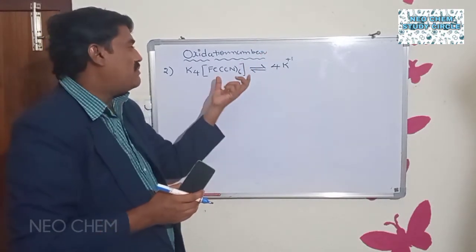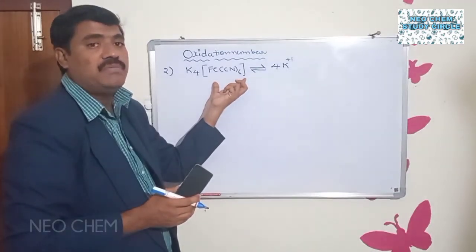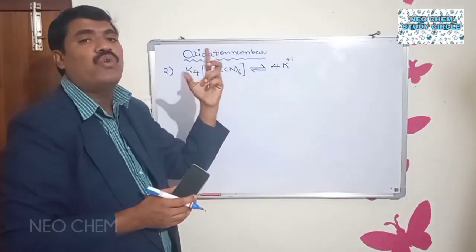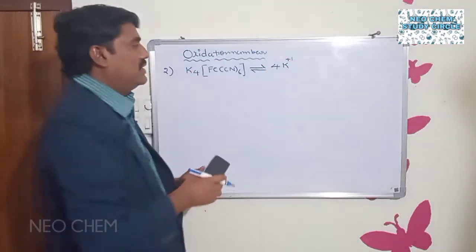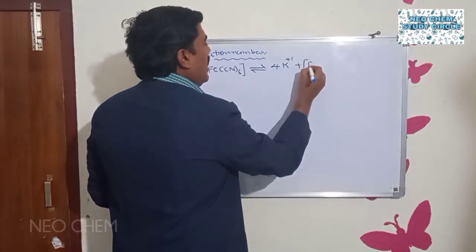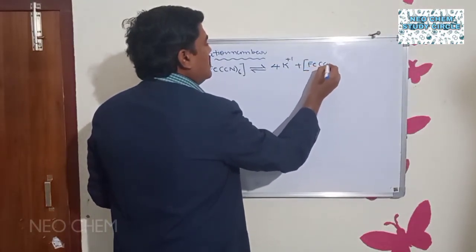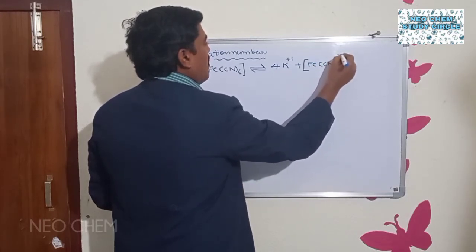So the complex sphere should have 4 negative charges, because 4 positive charges are there. That's why [Fe(CN)6] 4 minus.